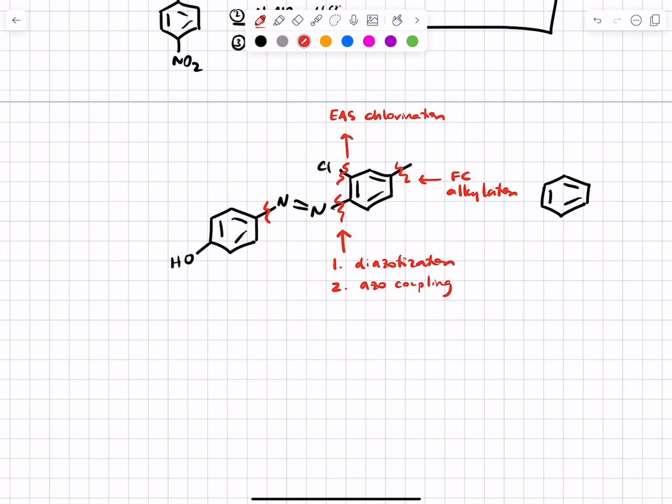Same thing over here. I've got a couple of different choices. And then this one I know how to put on by the strategy of nitro to aniline to diazonium to nucleophilic aromatic substitution with OH minus.